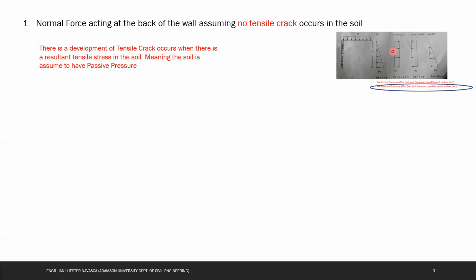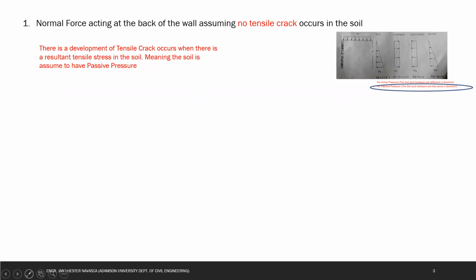However, kapag different sila in direction, katulad nito sa drawing ko, magkakaroon ng tensile cracking. So ibig sabihin, the assumption for number 1 is to have a passive pressure. Again, magkakaroon lang ng tensile cracking kapag merong resultant tensile stress.